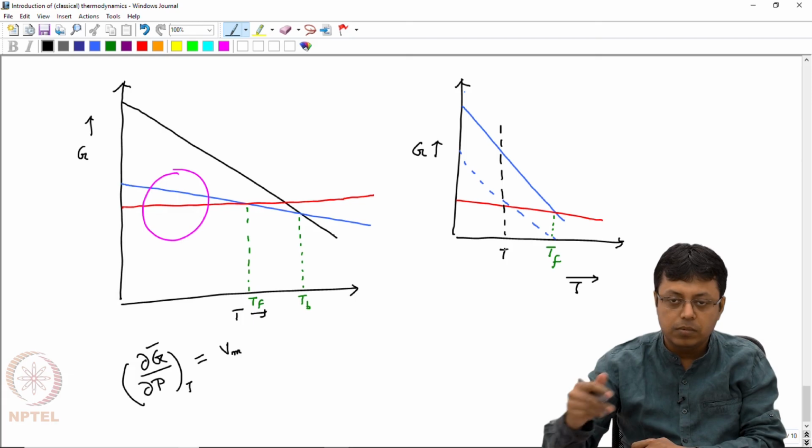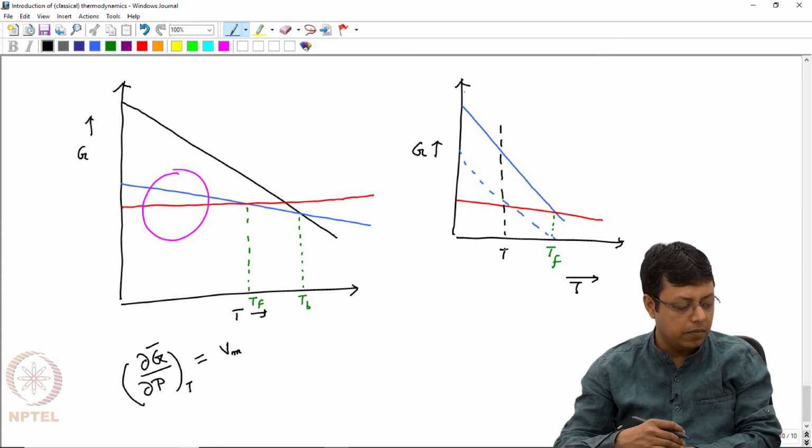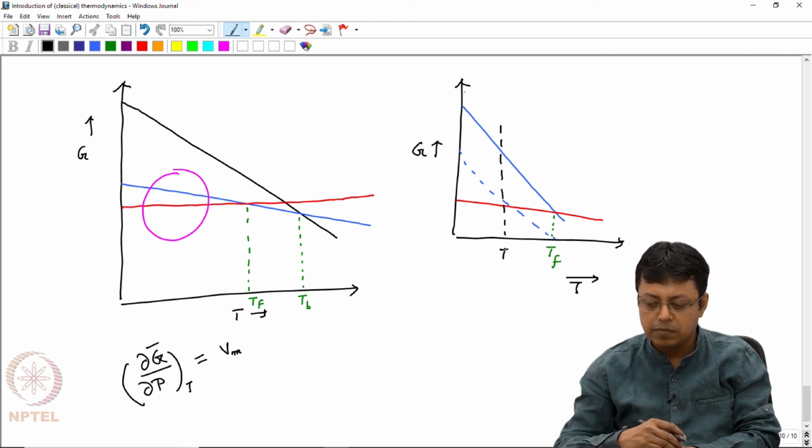Since del G del P at constant temperature is proportional to the volume, the molar volume is decreasing. So I'll just have a decrease in this curve, and then basically I'll have an increase in the curve.